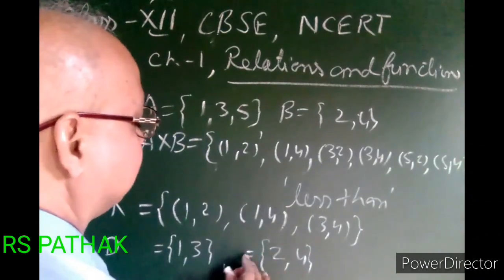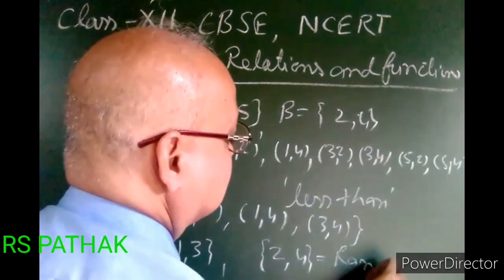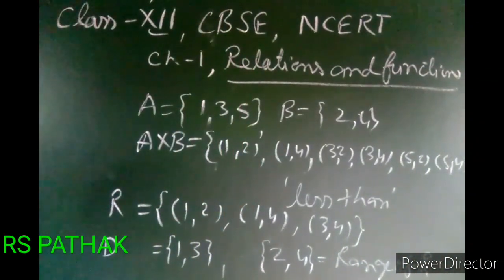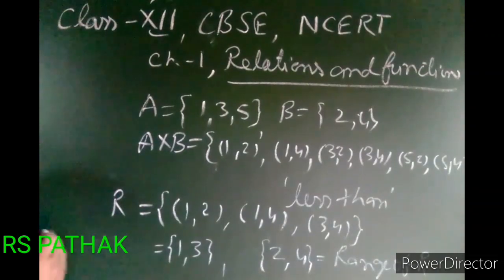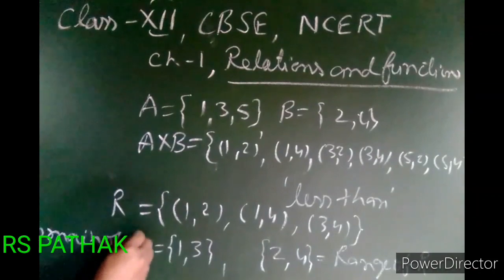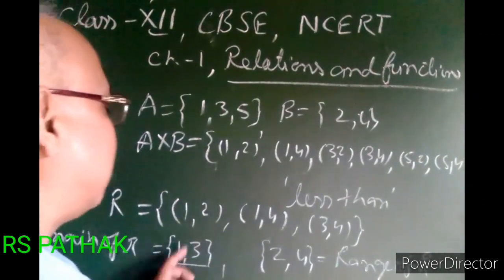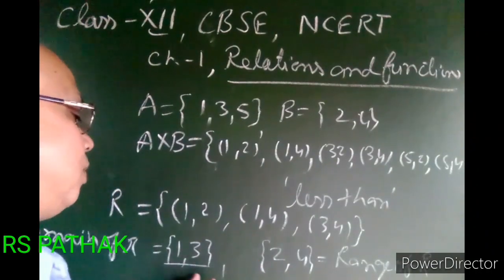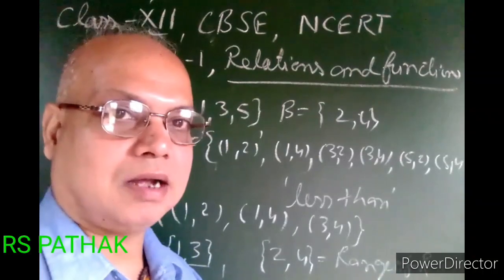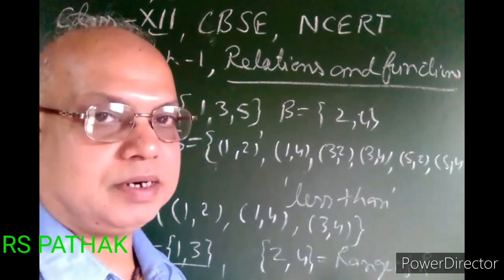This is called the range of R. The first element is called the domain of R, the second element is called the range of R. The elements will not be repeated.